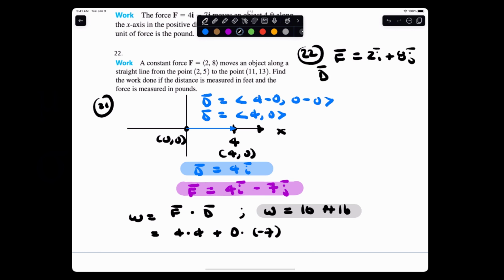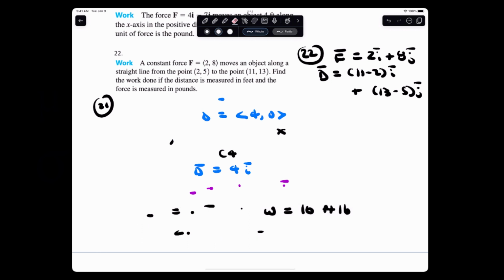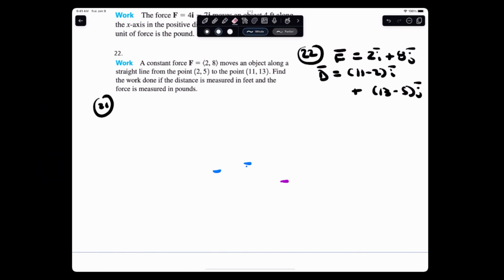Your distance vector will be 11 minus 2i plus 13 minus 5j, right? You're getting the ij form. And I'm going to get rid of all the work in 21. It's in your notes. It's in the video.